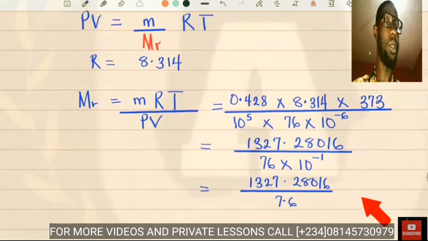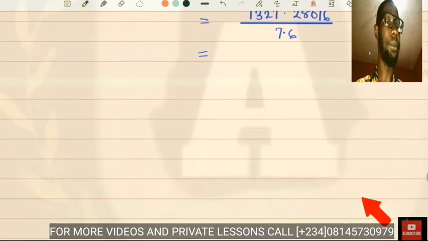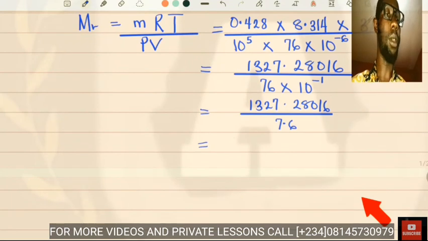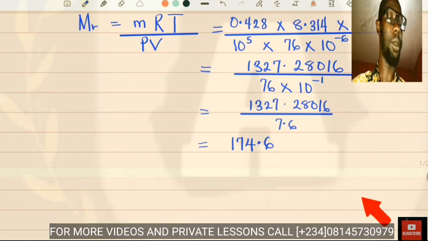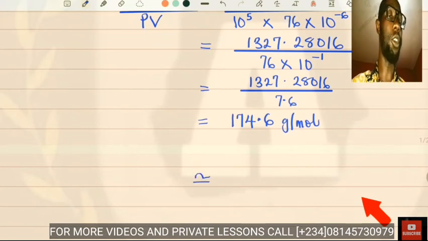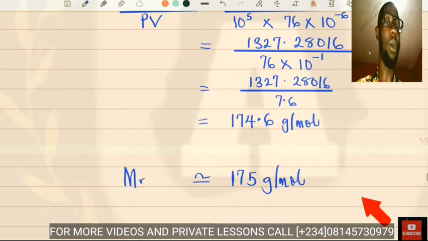When you solve that out, you're going to have 174.6 gram per mole as the molar mass, and on approximation we have that to be 175 gram per mole as the Mr, the molar mass of compound A.